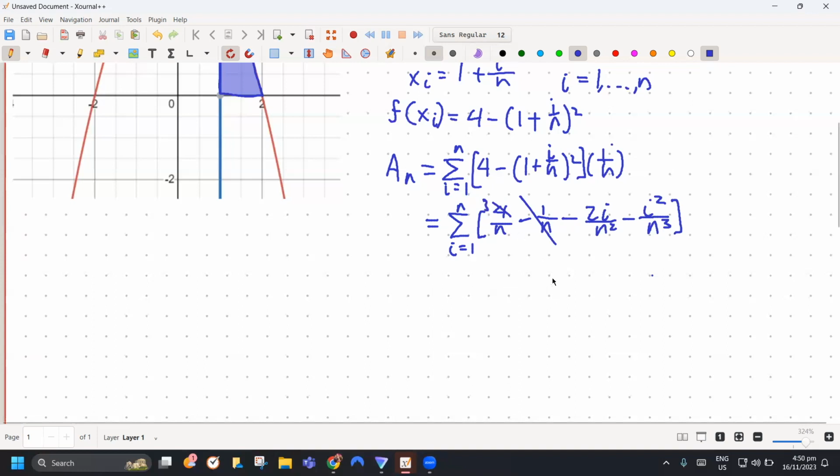Tapos yan all over na lang. Combine ko na lang into one big fraction. Pwedeng gano'n.